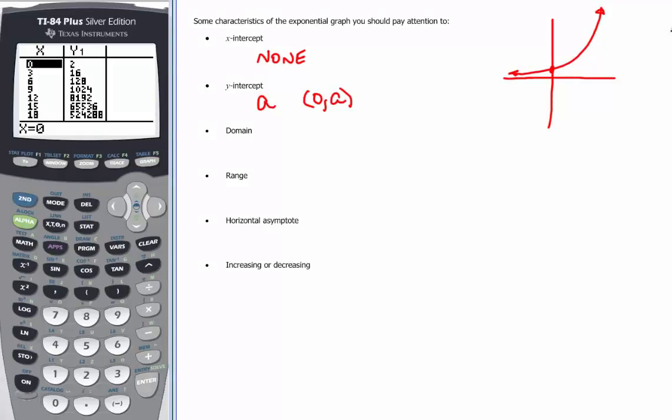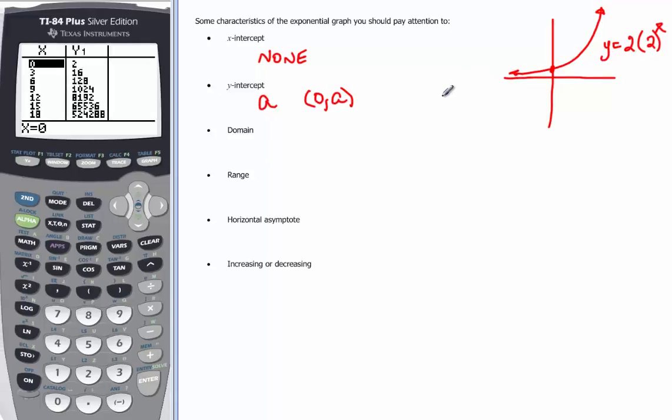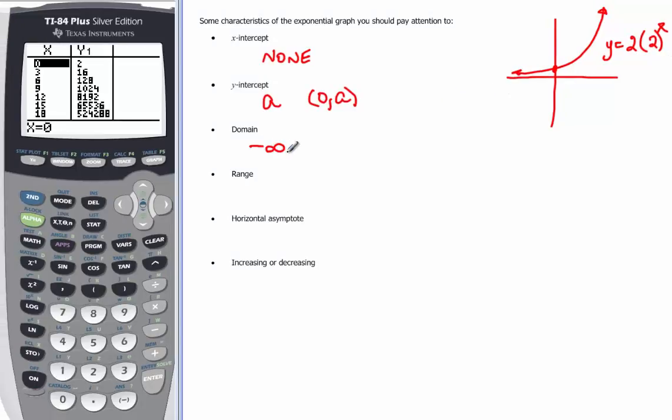Now let's think about the domain. How far to the left and how far to the right is this graph going to go? This is my sketch of my graph. And this graph is going to go forever left and forever to the right. So we can say that the domain is going to be all reals.